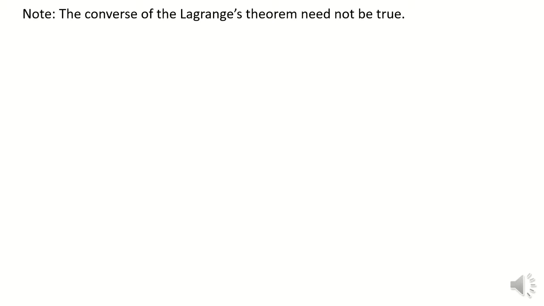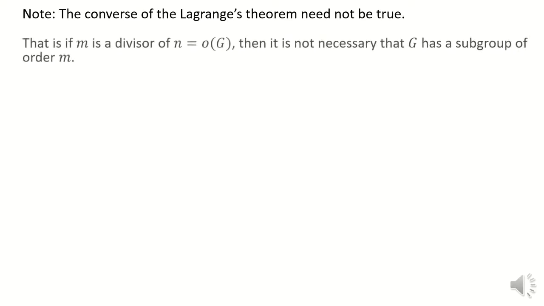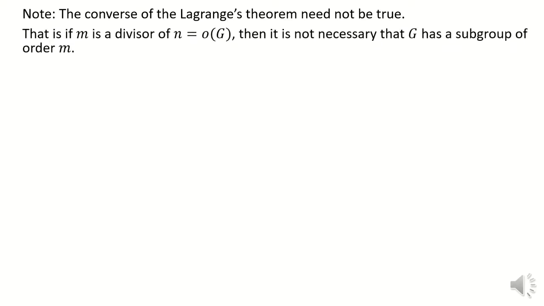One important note is that the converse of Lagrange's theorem need not be true. That is, if m is a divisor of n, the order of the group, then it is not necessary that the group G has a subgroup of order m.